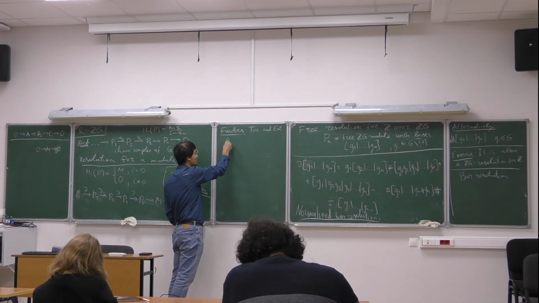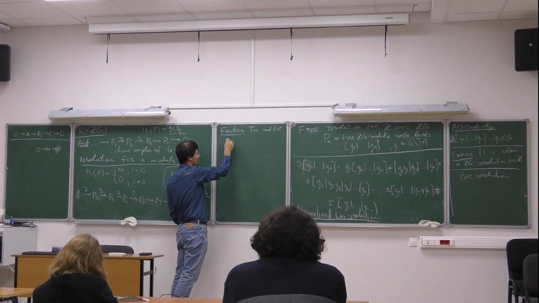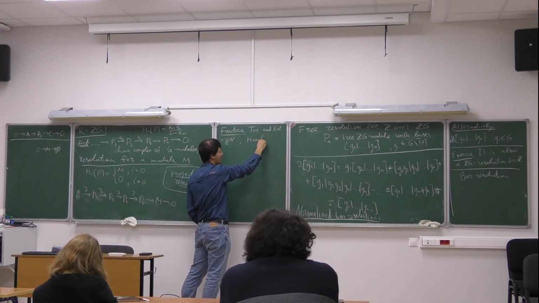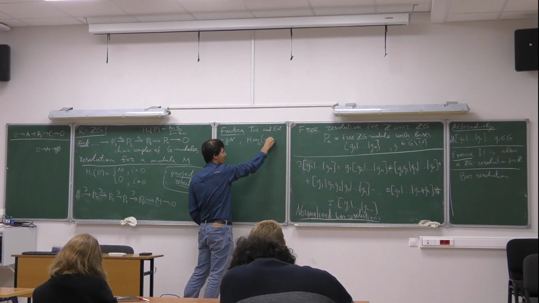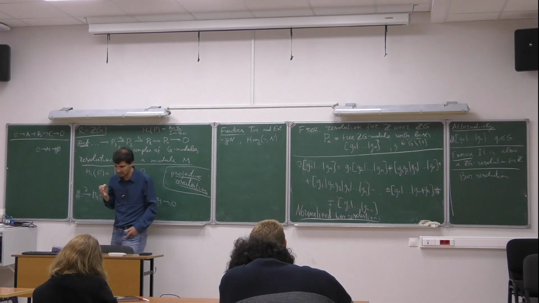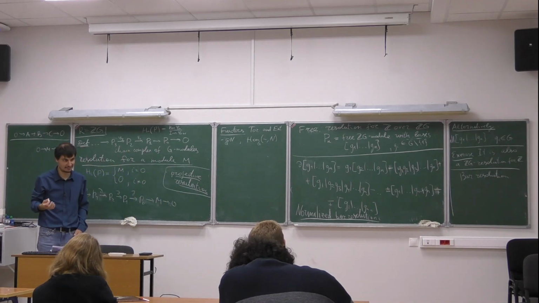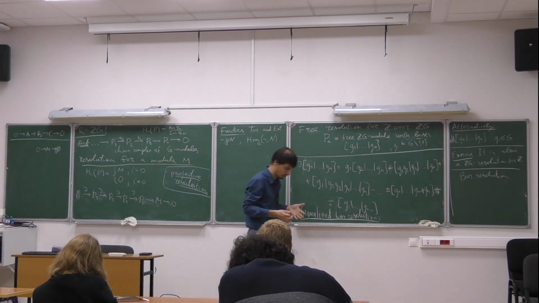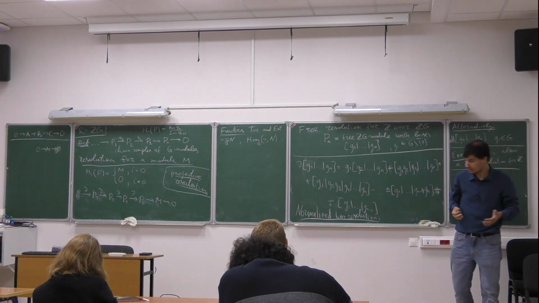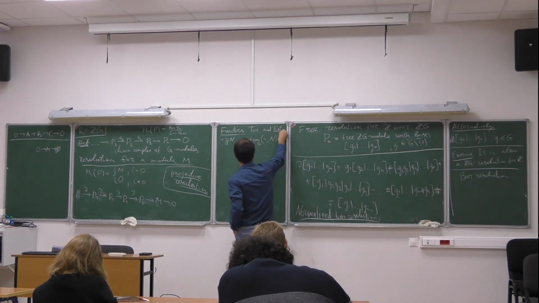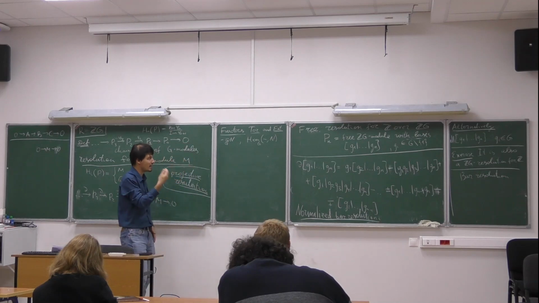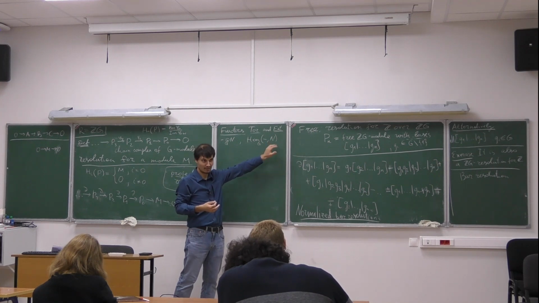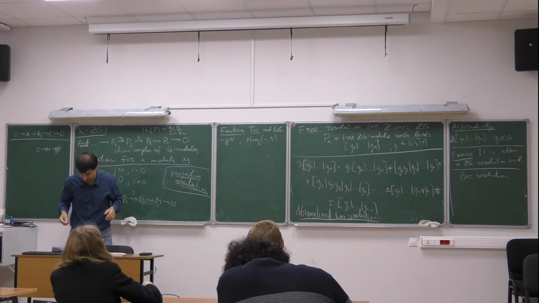We have already discussed that these two functors are sometimes not exact. The first one is right exact, the second is left exact, but they are not exact in general. These derived functors measure how these two functors fail to be exact. So the idea is as follows.